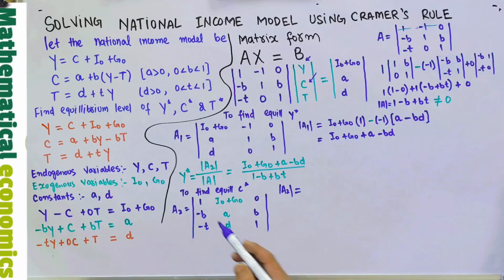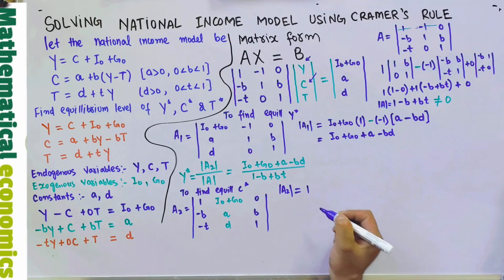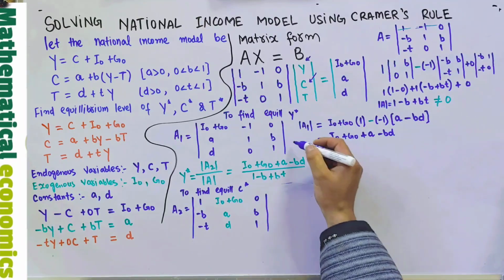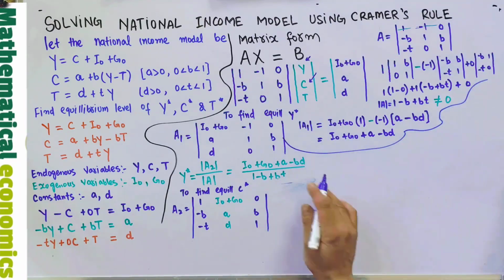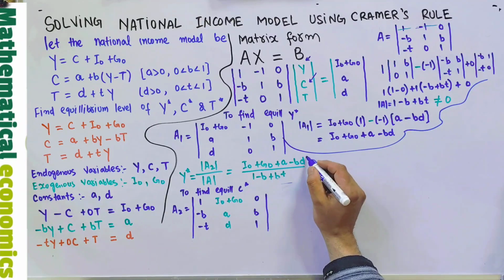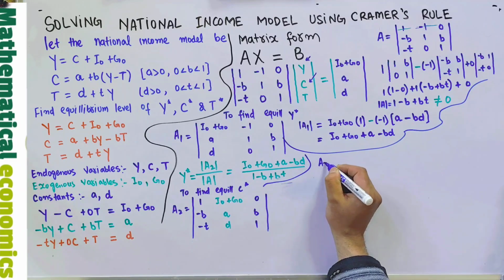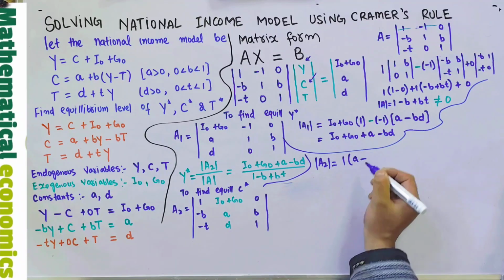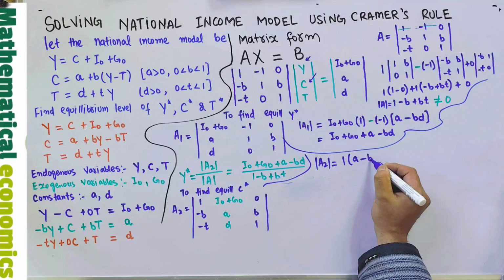Simple thing. Let me write it here to save space. To find the determinant of A2, we write the first element, mentally delete this row and this column and take the determinant of the remaining elements. So we have a into 1 is a, minus b into d is bd.